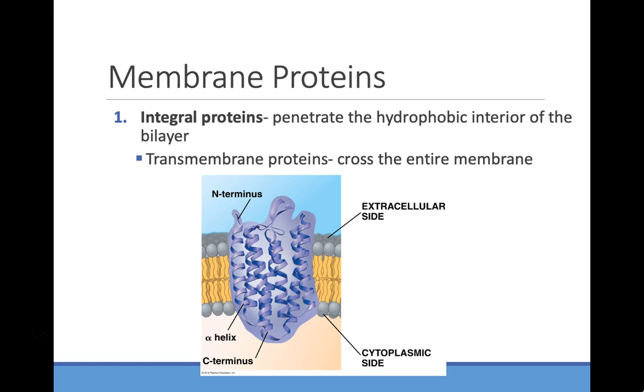Integral proteins are really important because they are the proteins that are going to allow for the passage of other molecules into and out. When they act as passage molecules, they have to be transmembrane proteins. This means they have to span across the entire phospholipid bilayer. They have to be open on either end to allow molecules to enter one side and exit the other side.